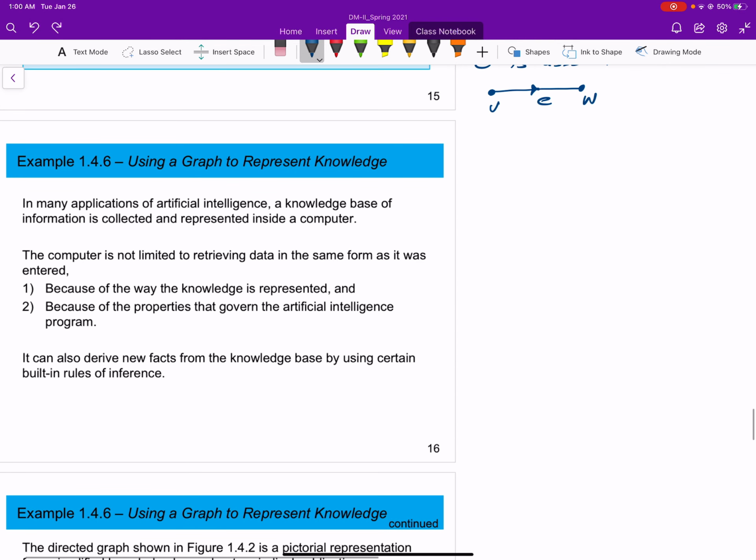Now let's move to an example. Example 1.4.6 in your textbook: using a graph to represent knowledge, which is very important. You learn artificial intelligence in your curriculum, especially computer students.